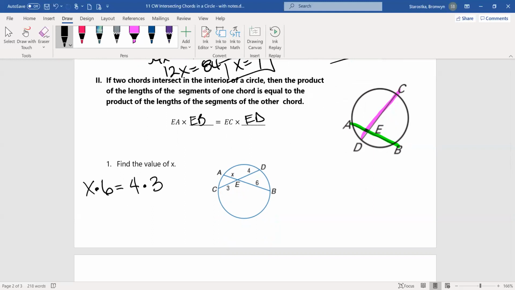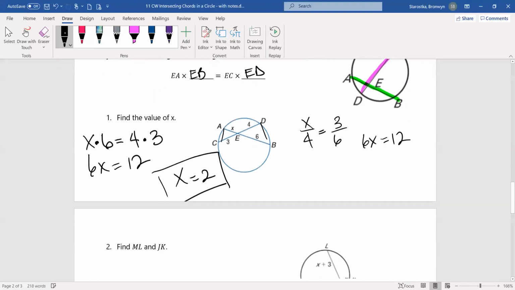Let's do the triangle so you see it works. X over 4 equals 3 over 6. Look at that. 6x equals 12. So this is the actual theorem, but if you feel more comfortable making similar triangles and setting up the proportions, please do so. X equals 2.